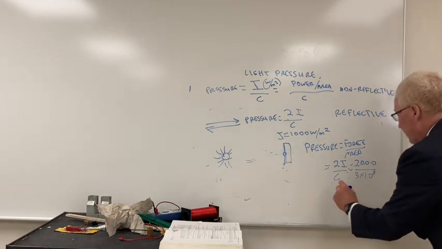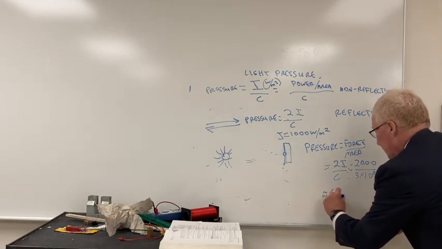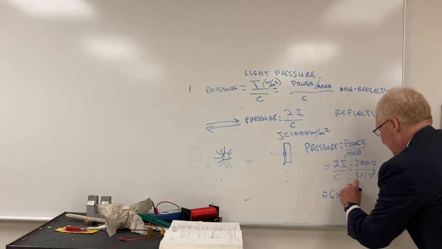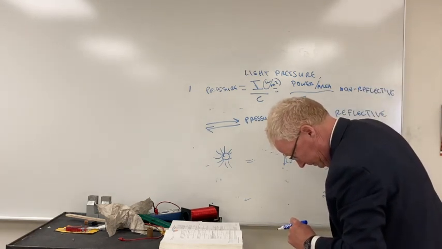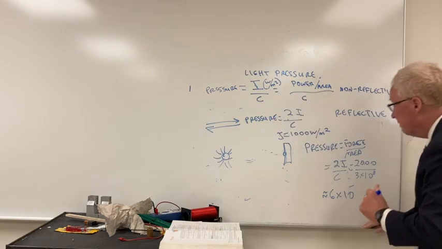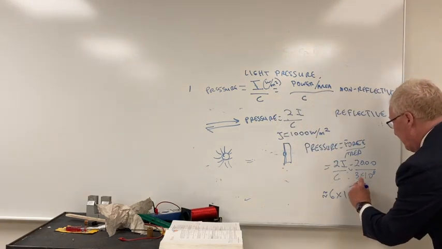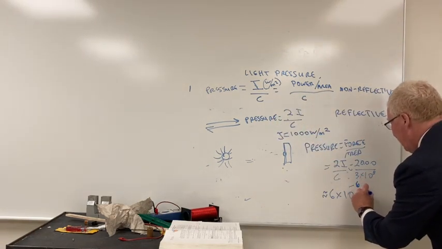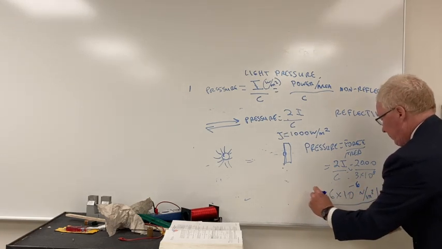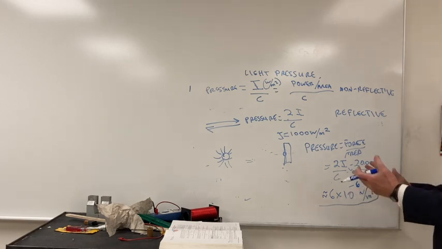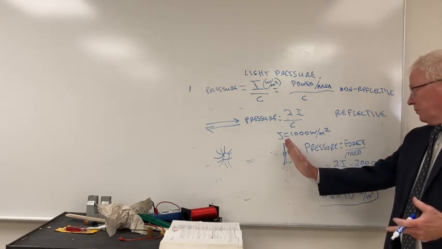That's approximately 6 times 10 to the minus 6th newtons per meter squared. So that's the pressure exerted at the distance of the Earth from the sun.